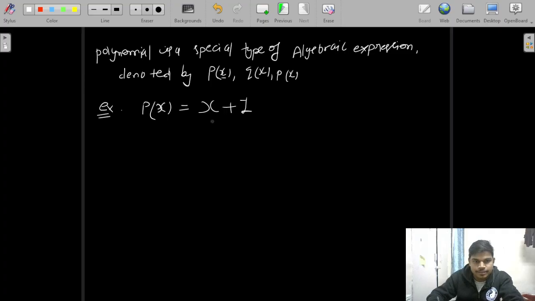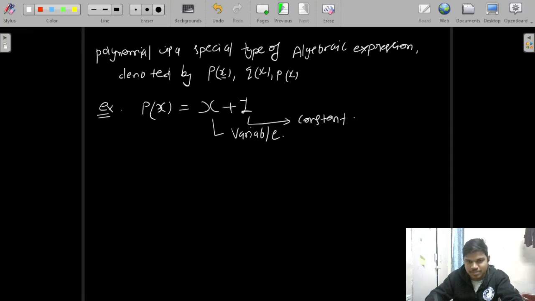Here this x is my variable, and now you can also give the answer: is this a variable or a constant? This 1 is nothing but a constant because it is fixed. In the case of the variable, I can take any value of x. Suppose I take x equal to 1, because x is varying, because x is a variable.